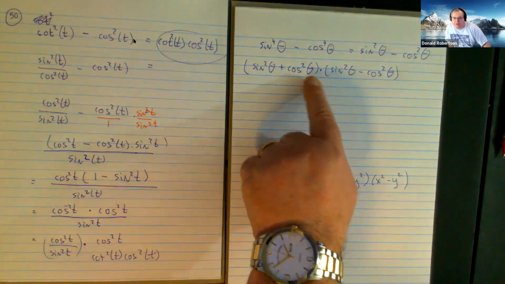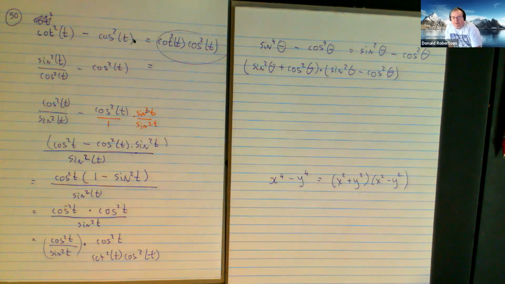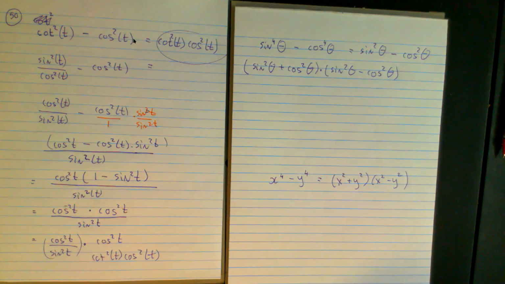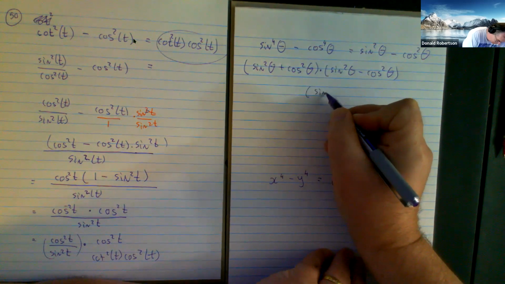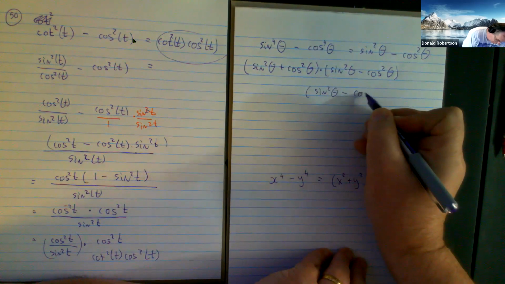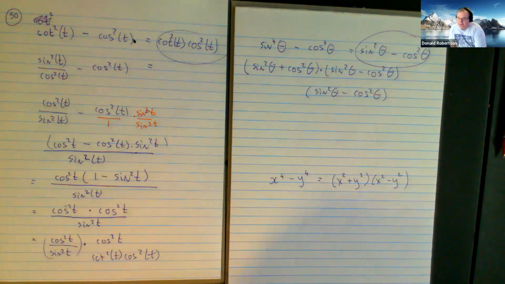Now, is there anything out of either of those two pieces that you would be able to simplify into a nicer guy? Well, sine squared plus cosine squared is equal to 1. And won't that just leave you with 1 times this guy? Wait a minute, isn't that what we're trying to prove?